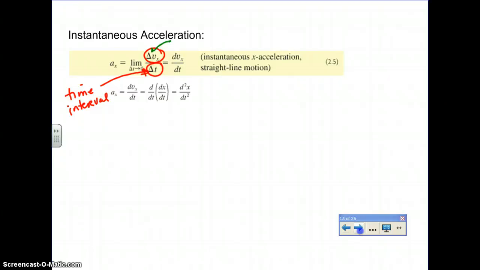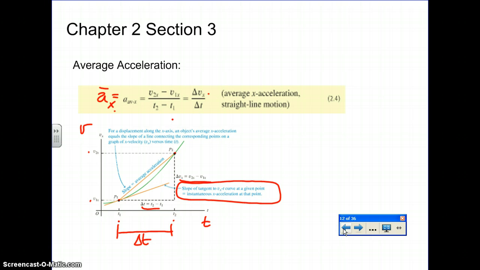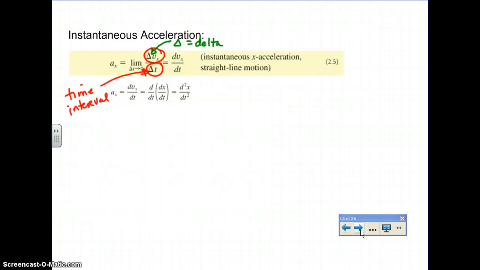This triangle means delta, which means a change in, but it's a capital delta, the Greek letter delta. And because it's a capital letter, it means a big change in velocity over a big change in time, which is exactly what we're seeing here. A very big change in velocity and a very big change in time. And so we use deltas for the change.